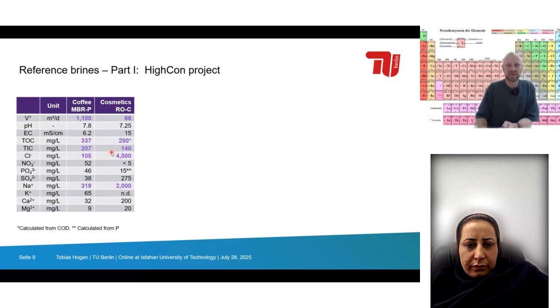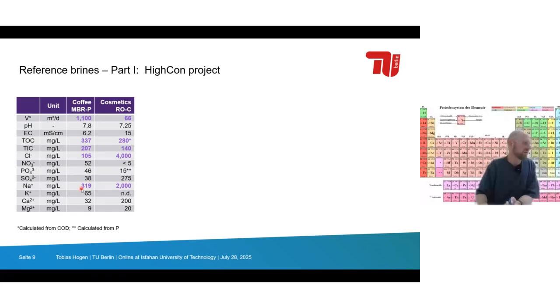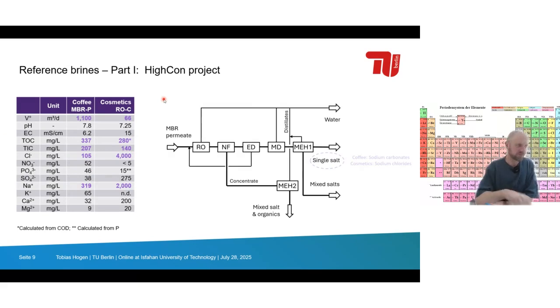And the main remaining components are sodium chloride in both cases. All the others have no special meaning for now. So mainly it's sodium chloride, and here you see a big difference. The effluent from the cosmetics industry is in a range of thousands of milligrams, so grams per liter, while the other one is milligram per liter.